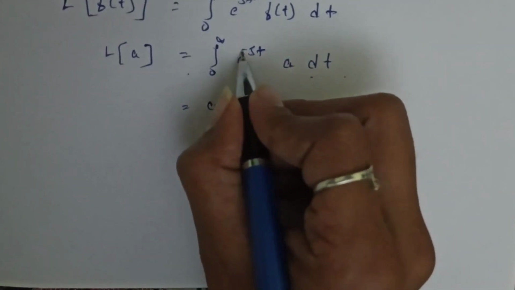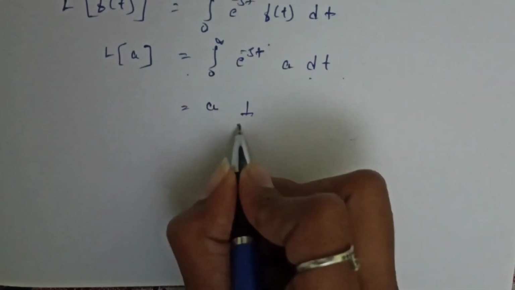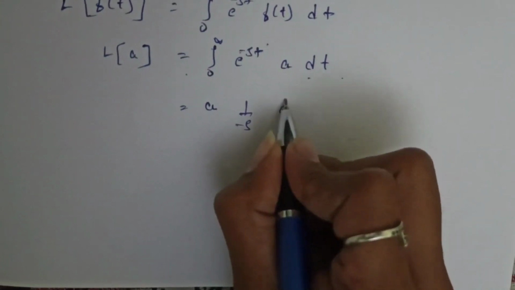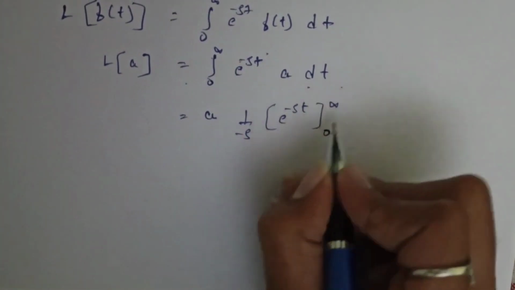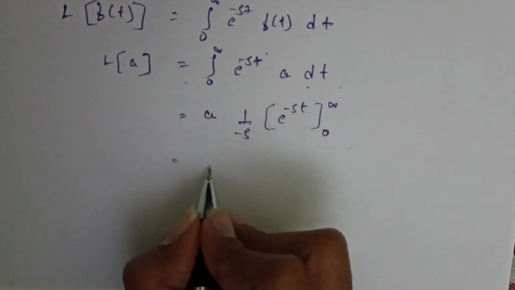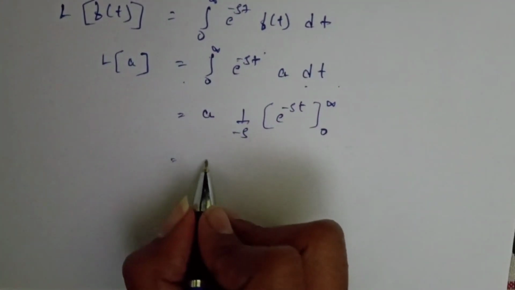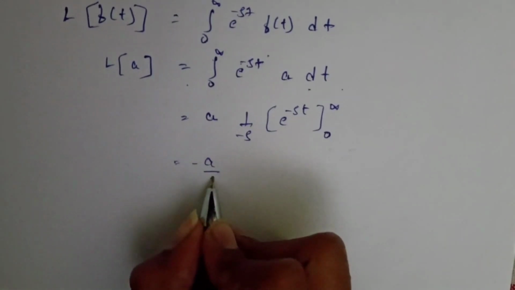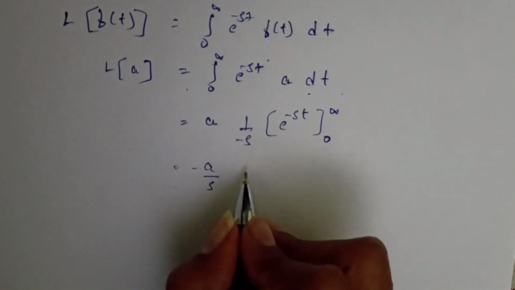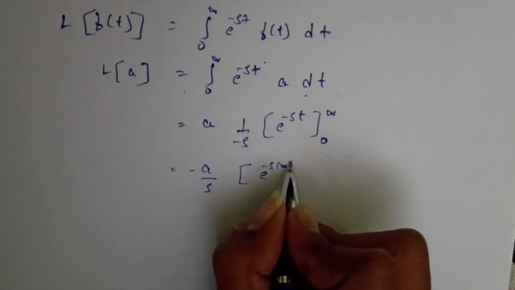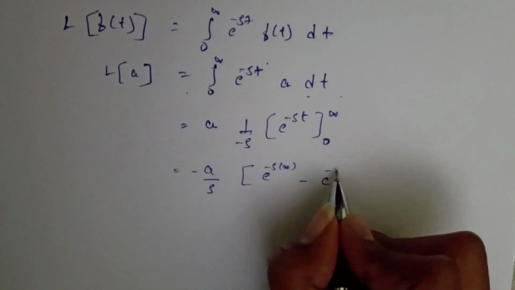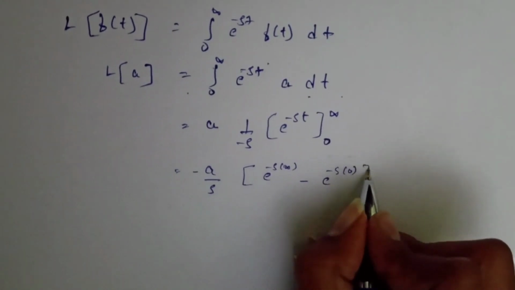The integration of e raised to minus st is 1 divided by minus s, e raised to minus st. Apply the limits, right? So a into, we just simplify this, minus a divided by s. Now applying the limits, e to the power minus s into infinity, e to the power minus s into 0.